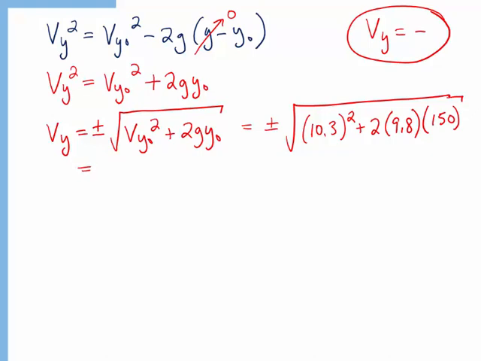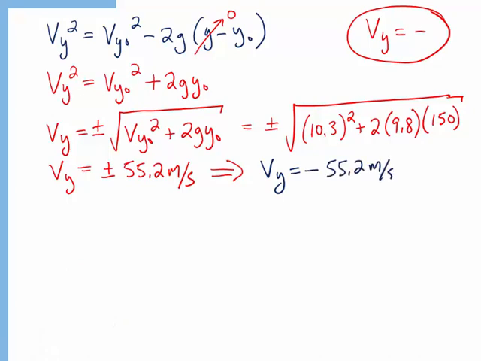What we end up with for Vy is plus or minus 55.2 meters per second. And again, we now have to pick the correct answer. Since we know that the object is moving downward, we know the correct answer is Vy is negative 55.2 meters per second.